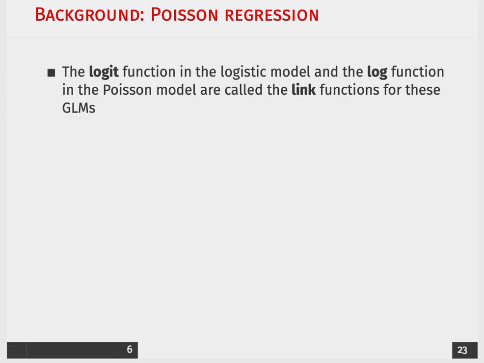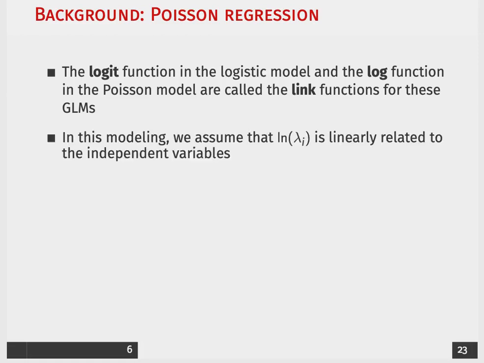And like I said, I've been calling these functions that we use to connect our logistic model or our Poisson model into a linear association between our covariates and our outcome, link functions, because they are the connective tissue between our outcome and our linear expression of covariates.